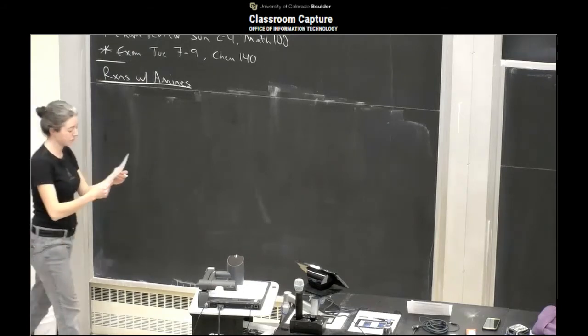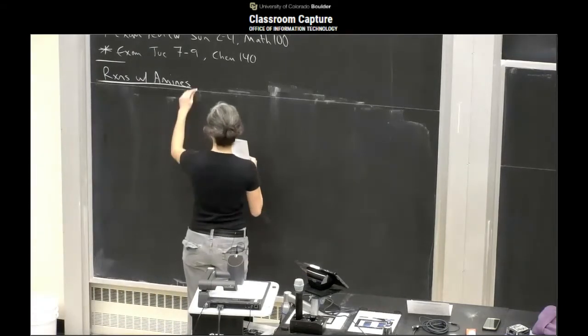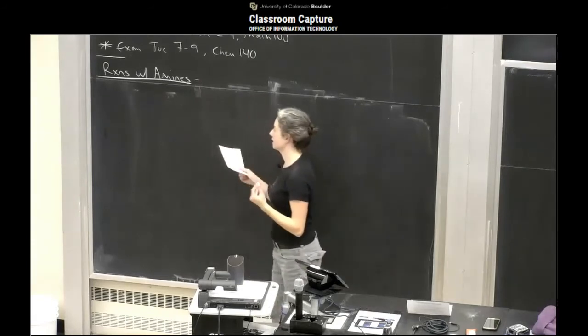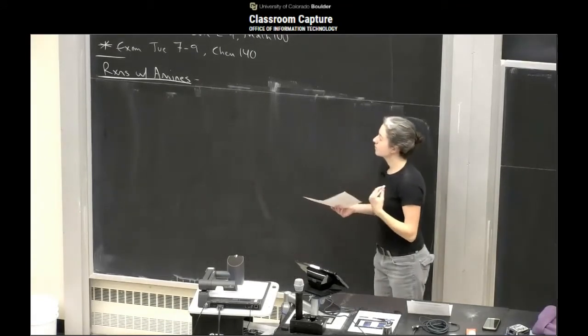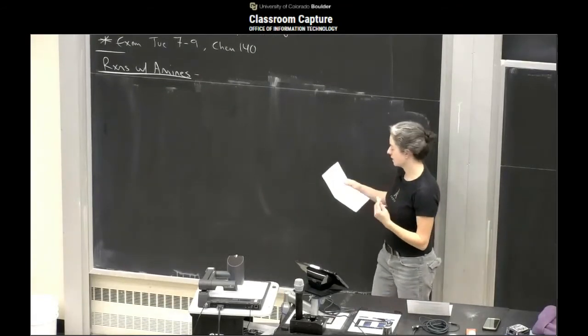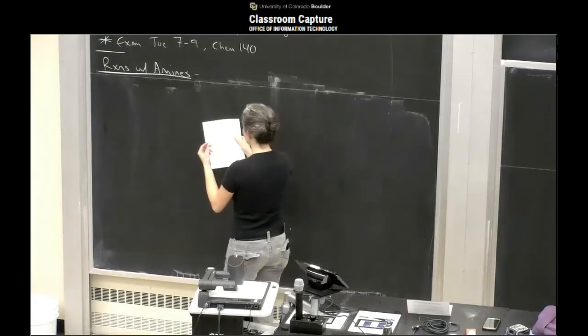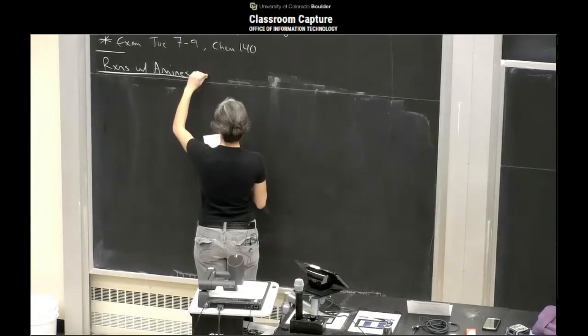Okay, so I guess when I put up the roadmap at the start of this chapter, I sort of showed two different products that have nitrogen in them, and they look fairly similar, or at least one of them looks fairly similar to a carbonyl, and then one of them looks kind of different. So what we're looking at in this section is a mechanism that's actually kind of similar to acetal formation.